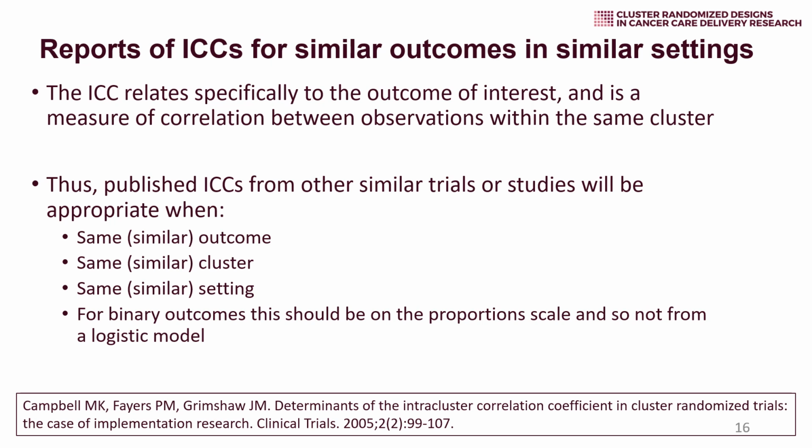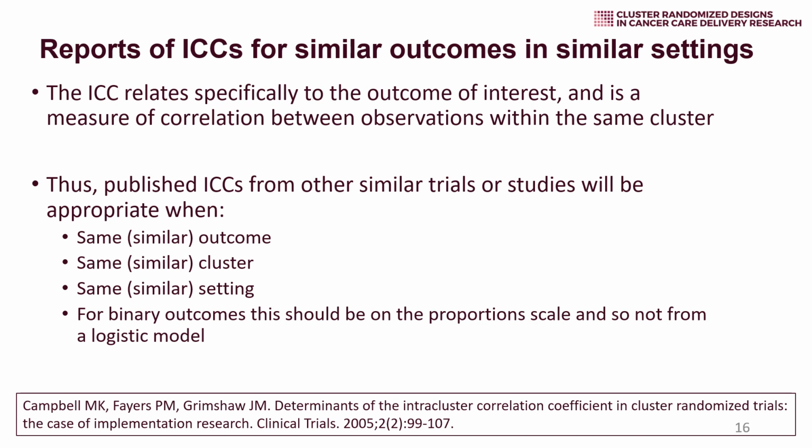Sometimes historical data sets aren't available, and in those settings, we can try to obtain reports of ICCs for similar outcomes in similar settings. Now, it's important to note that the ICC relates specifically to the outcome of interest, and it's a measure of correlation between observations within the same cluster.